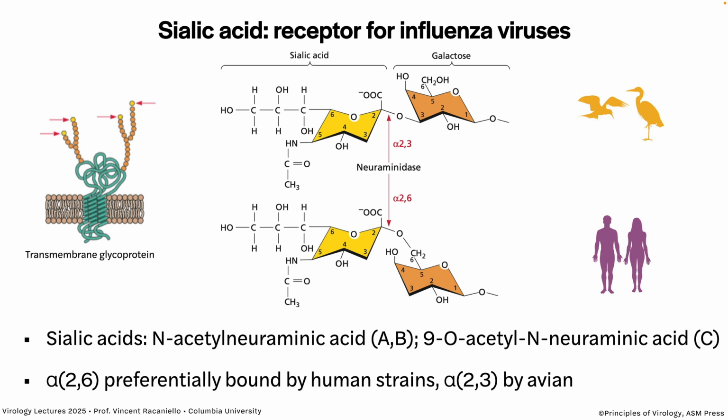They bind alpha-2,6, but avian influenza viruses bind alpha-2,3. And what people are worried about with H5N1 is whether the virus will change to recognize alpha-2,6 sialic acids. That would be the first step on getting a really good human infection.